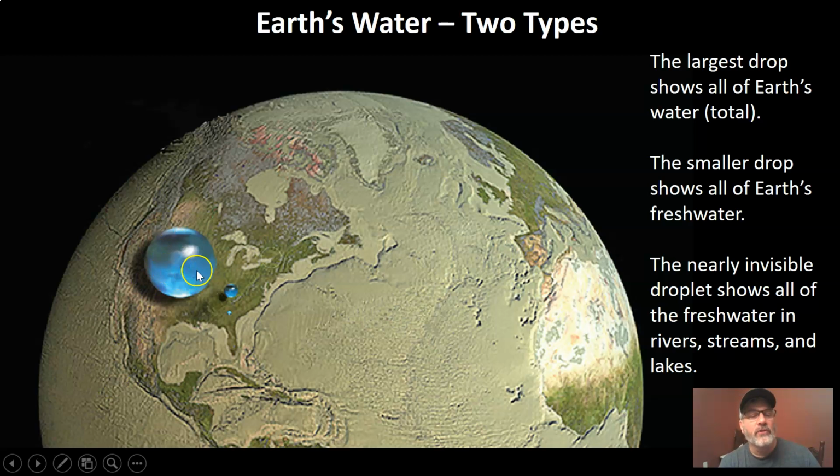And so this represents all of Earth's water as compared to the actual size of Earth itself. Now, if we look at this smaller droplet of water here, not the smallest one, but the medium-sized one, this shows all of what we call our fresh water. Okay, so this is all water, this is all fresh water. And then I want to look at this tiniest droplet because it is almost invisible at this scale.